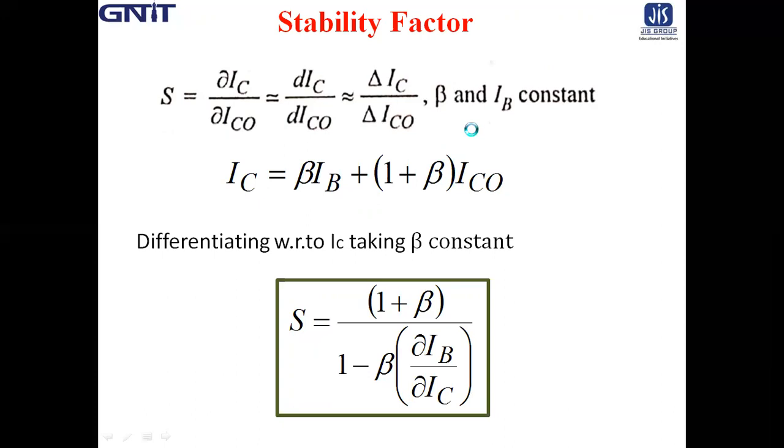So in this sense, S may also be called the instability factor, not the stability factor. The value of the stability factor is always greater than unity, and its lowest value is unity. The closer the value of S to unity, the better will be the stability of the Q point.